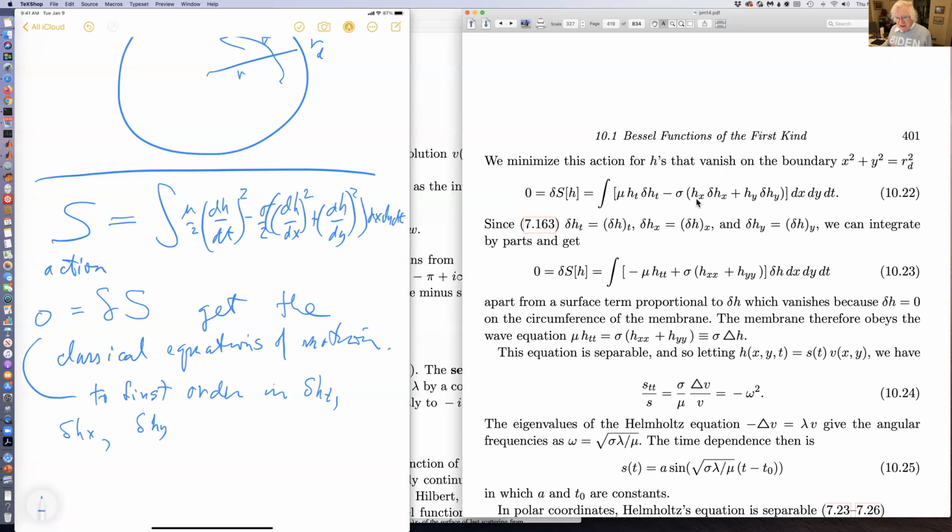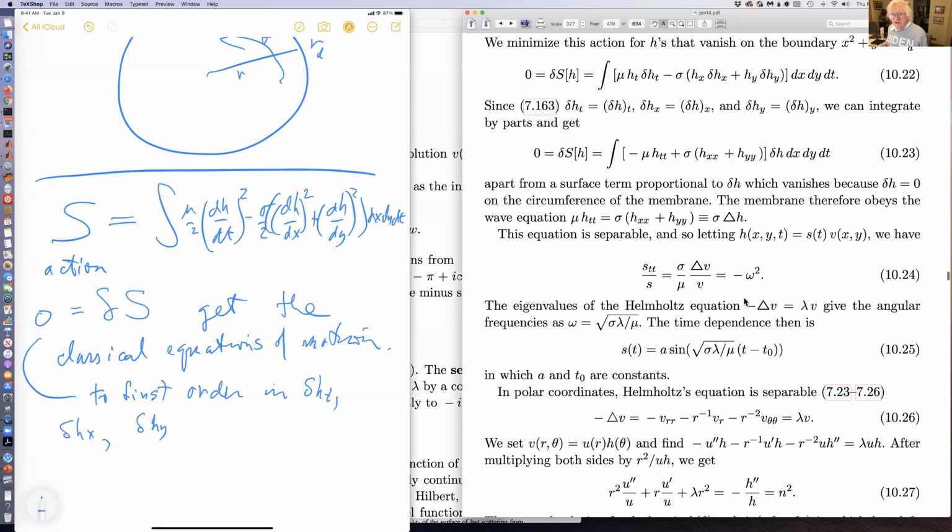And so we expand this just to first order, and then we integrate by parts, we throw away the surface term, and what's left is an equation that says there's something in the square brackets times delta h, integrated over the area and over time, in which delta h is arbitrary.